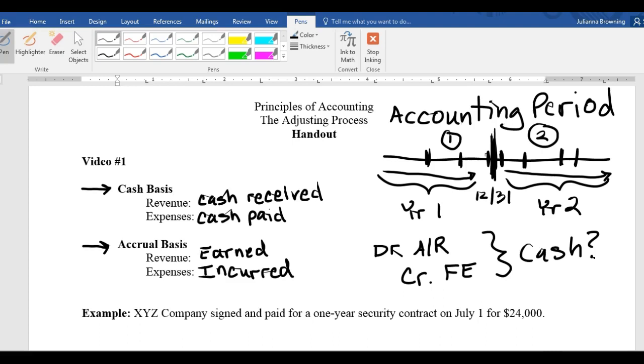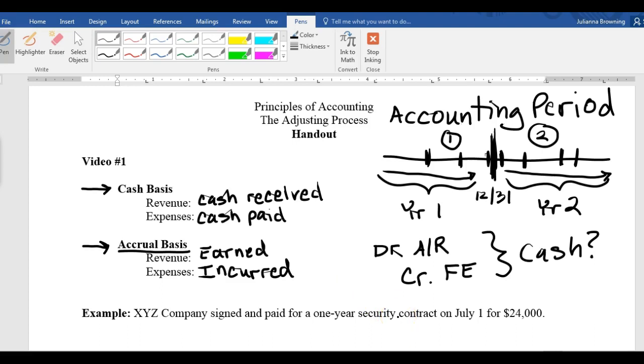So that means that we have actually been using the accrual basis of accounting throughout this course. And 99% of the time, we are going to be using the accrual basis of accounting within this course. It is what is used under generally accepted accounting principles, so we are going to utilize that basis of accounting when we're going through our various transactions.